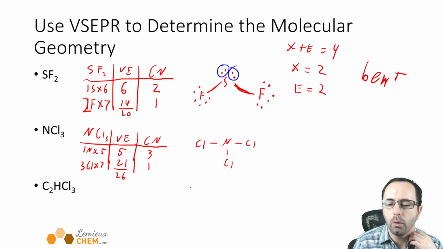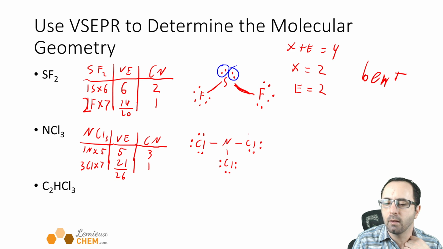Next, we're going to put additional lone pairs as electrons around the outside atoms until they have an octet. So there's 2 in the bond there, 4, 6, 8. 2 in the bond, 4, 6, 8. Then 2 in the bond here, 4, 6, 8.